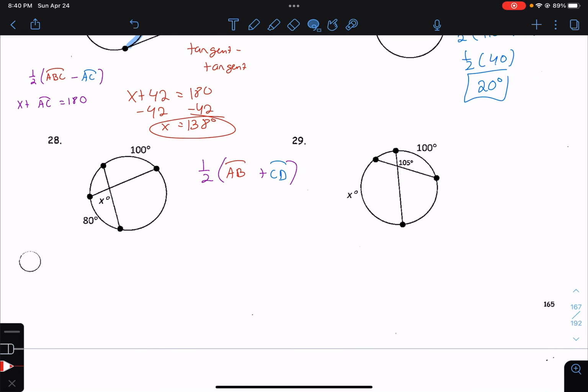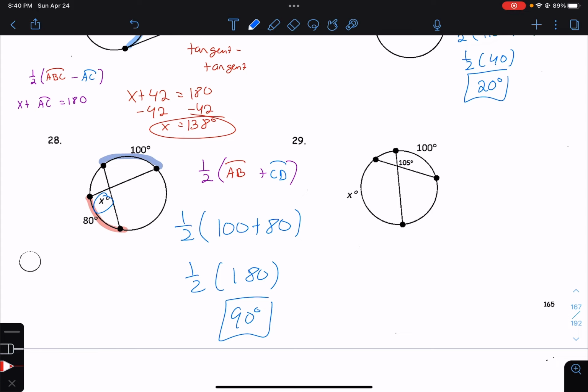We're trying to find x here, and we've got one of our arcs here and the other arc here. So what we need to do is 1/2, and notice we're adding these. We're going to do 100 plus 80. We get 1/2 of 180, and I get 90 degrees. All right, not too shabby.